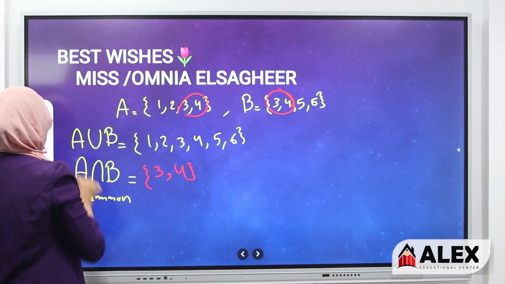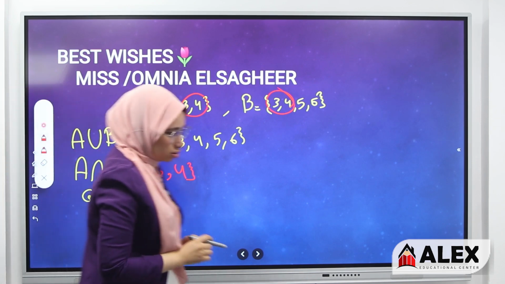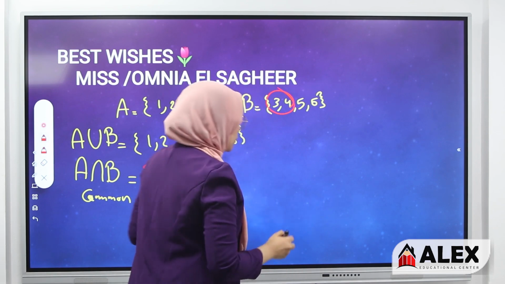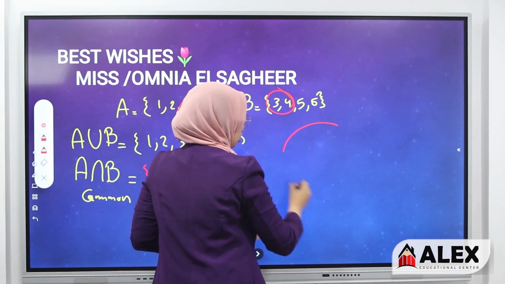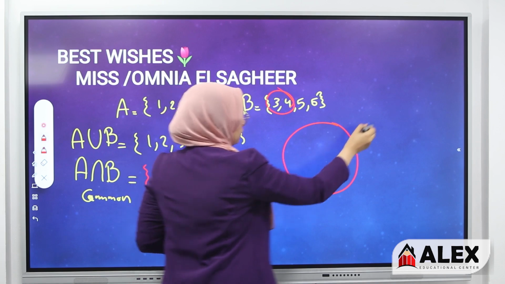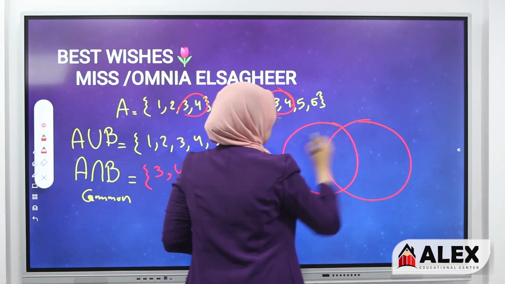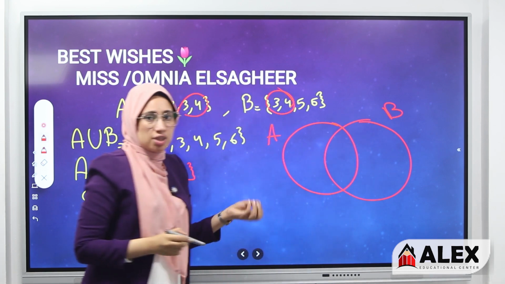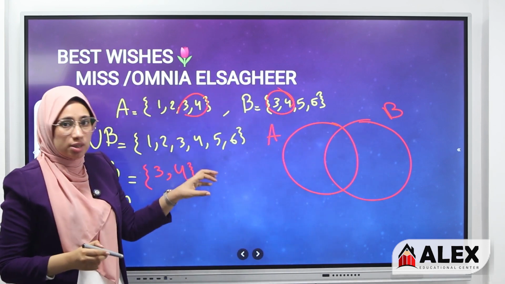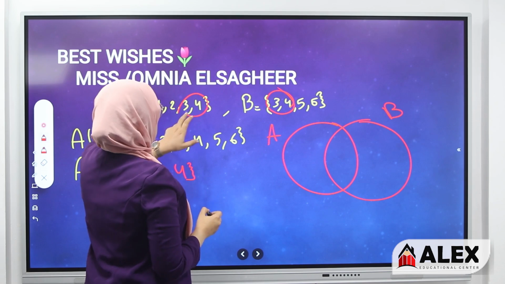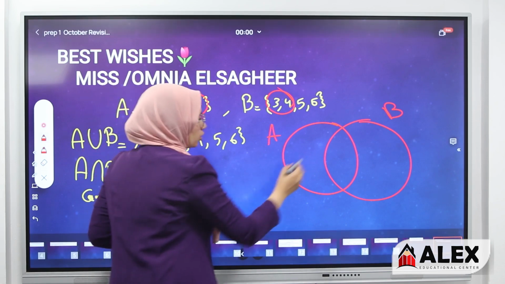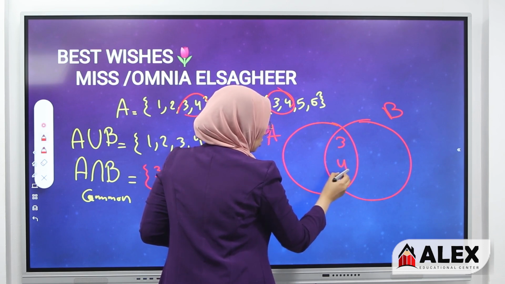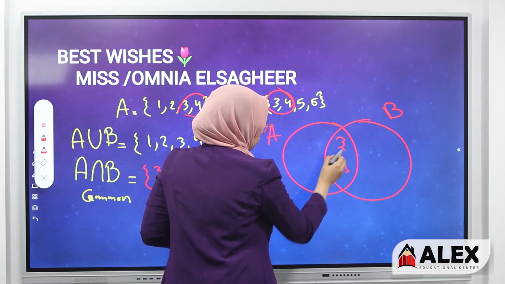Okay. We need to represent it with what? With a Venn diagram. It's A and B. The first step, we put the common elements in the middle. The common elements here are 3 and 4, and put a small x right here.